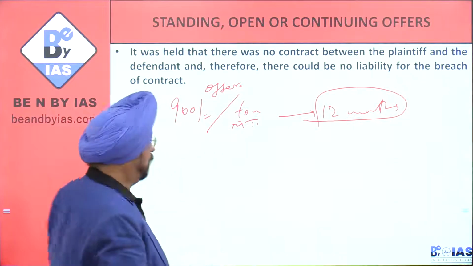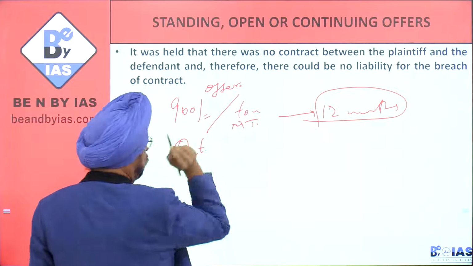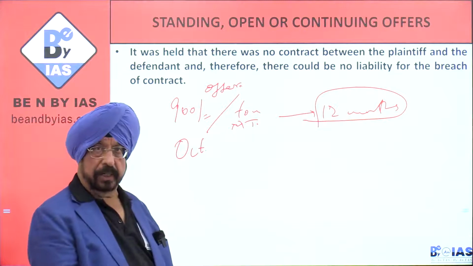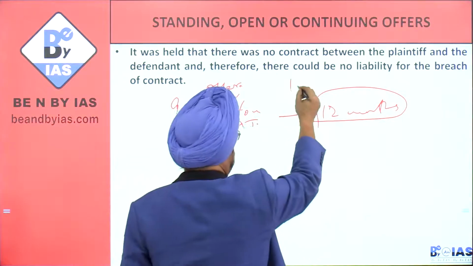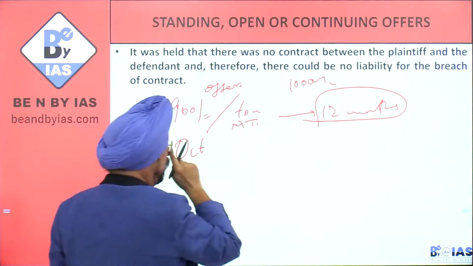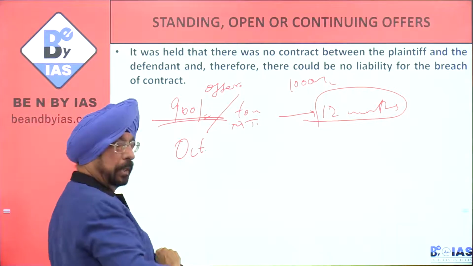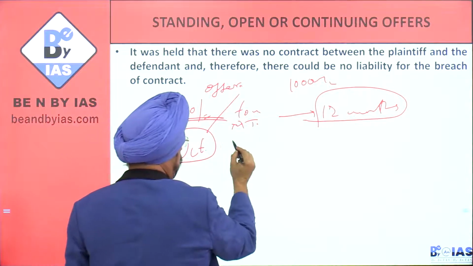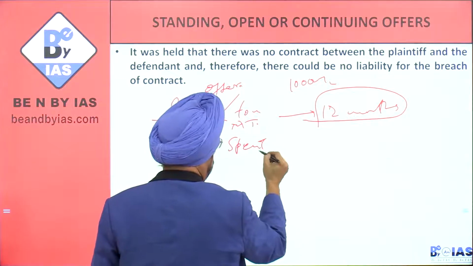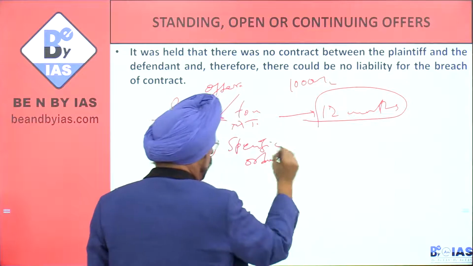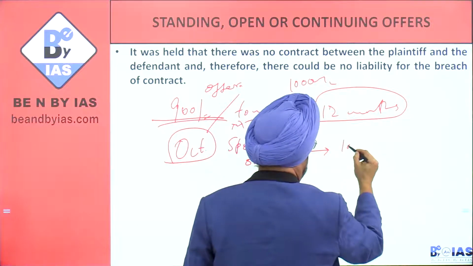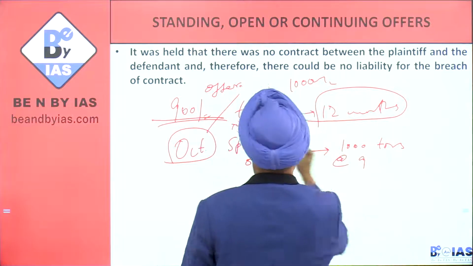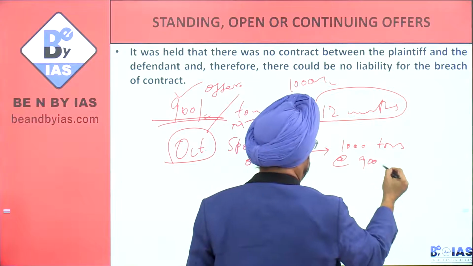Now suppose for the month of October, the coal company or I placed the order, out of the 10,000 tons which was the maximum limit. He is the offerer. He has offered. Now I place an order, a specific order, for supply of 1,000 tons at the rate of his quoted price of 900 rupees.